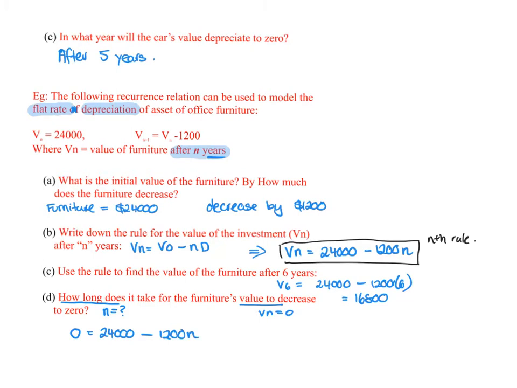And there's only n in that equation, isn't there? So you can solve it, and we'll work out how many years it takes. Let's go do that. Okay, I get 20, so it will take 20 years to decrease to 0.